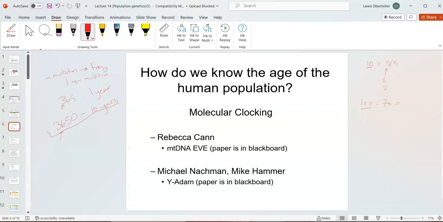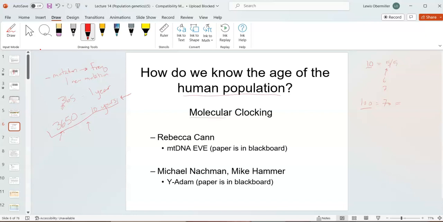So if we look at more individuals, then this number is going to be closer. Just like Mendel, right? The more peas he counted, the more plants he counted, the closer he got to that 3-to-1 ratio. So anyway, if we look at the whole human population, we can use this data, and again, this is a dumbed down version of it. There's a lot more sophisticated things going on here, but I'm going to explain it.